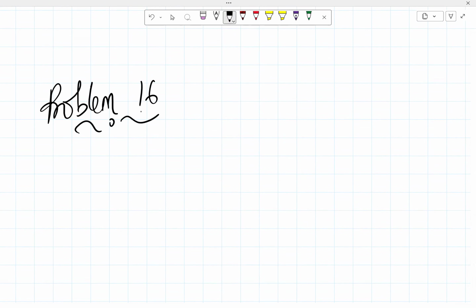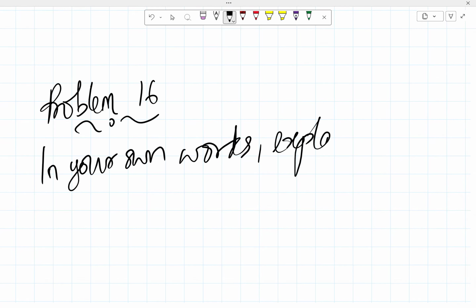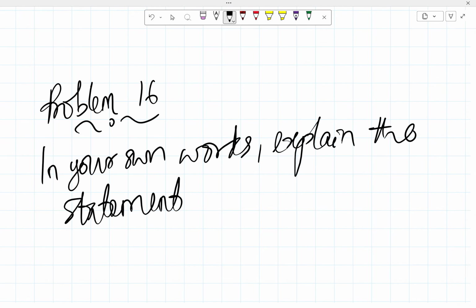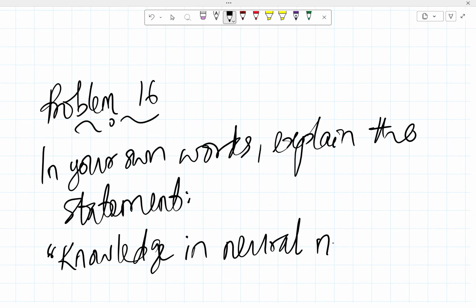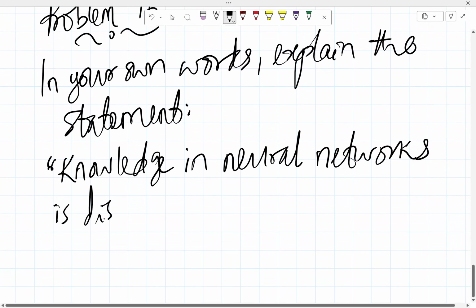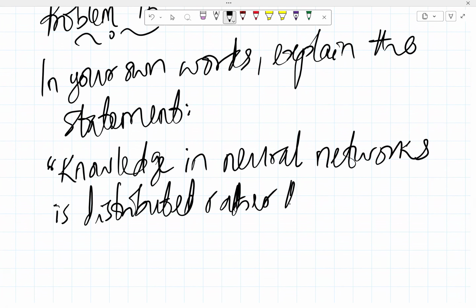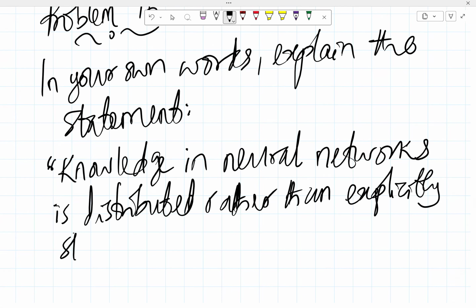Problem 16. It says, in your own words, explain the statement: knowledge in neural networks is distributed rather than explicitly stored.